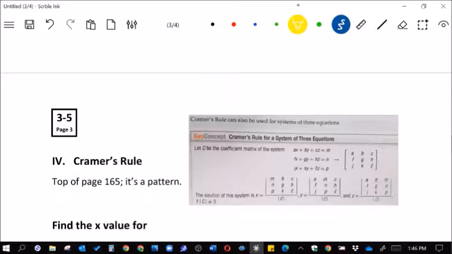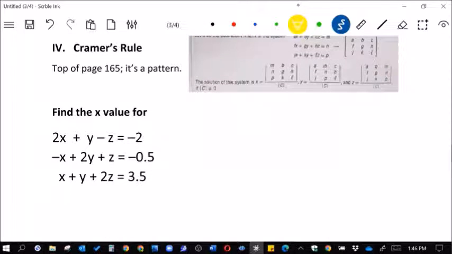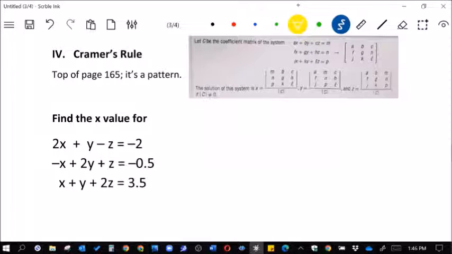Now let's look at an example of Cramer's rule. There's a specific pattern that you follow, and that pattern has to do with the coefficients of the x, y, and z terms. When you take just those coefficients, you get this matrix, which we'll call the C matrix.